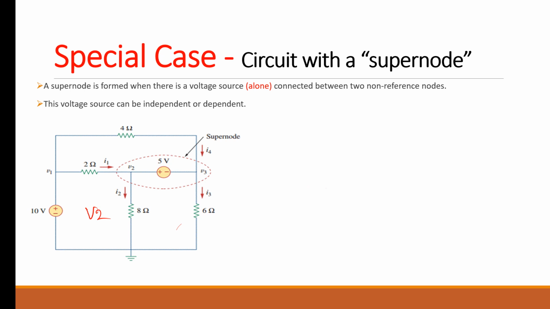Okay, now we assign currents to all the branches. So I have assigned I1 current here, I2 current here, I3 current here, and I4 here. Now we write the KCL for the supernode. We don't write the KCL for V1 separately, V2 separately and V3 separately.